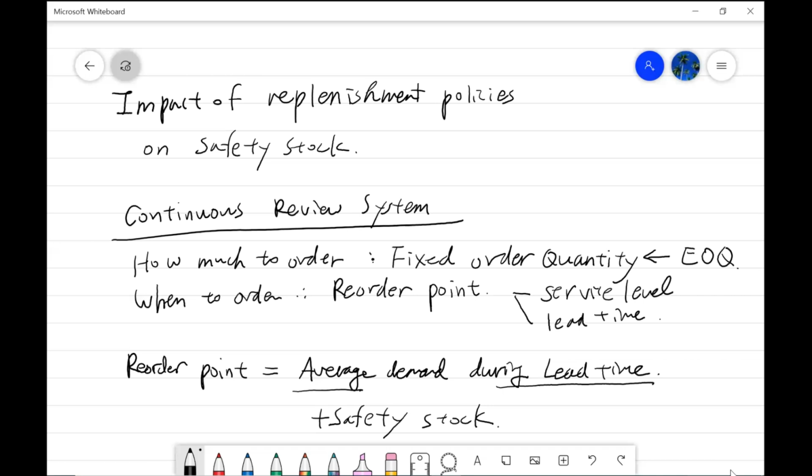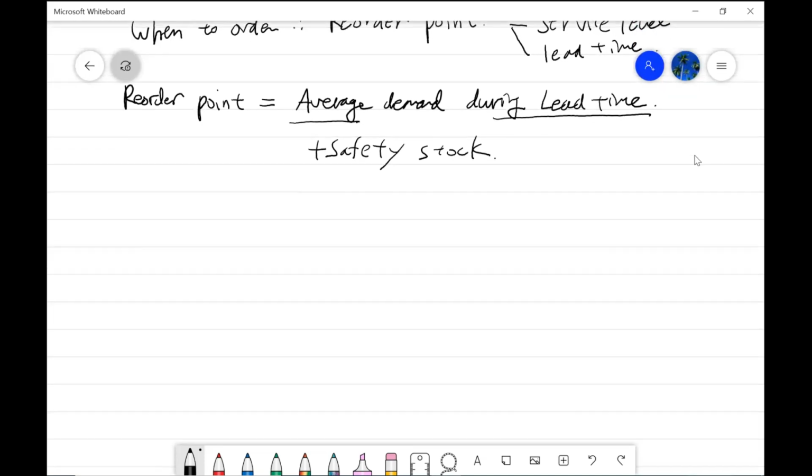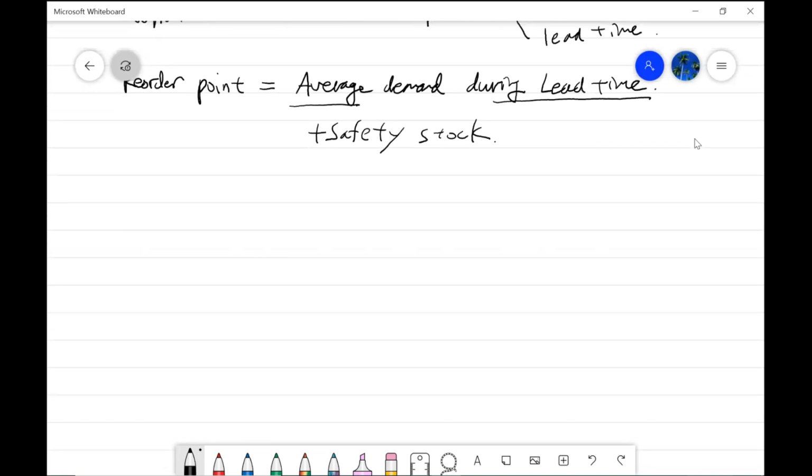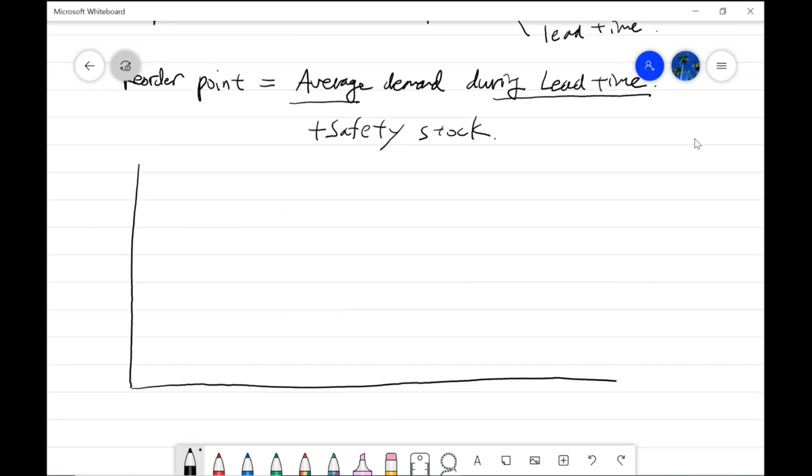Okay. So before I showed you how to determine the safety stock amount, let me show you what happens to the inventory level over time under the continuous review system by drawing a graph here. You remember I drew this kind of graph when I showed you what happens to the inventory level under the EOQ, okay?